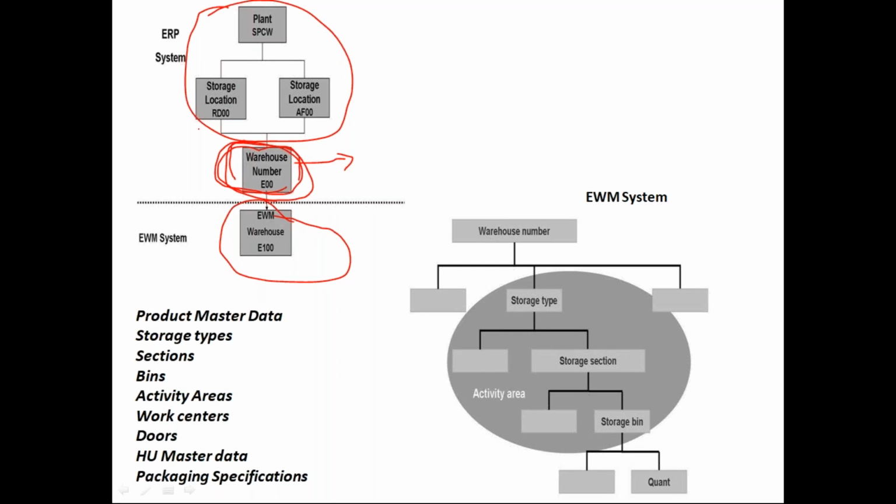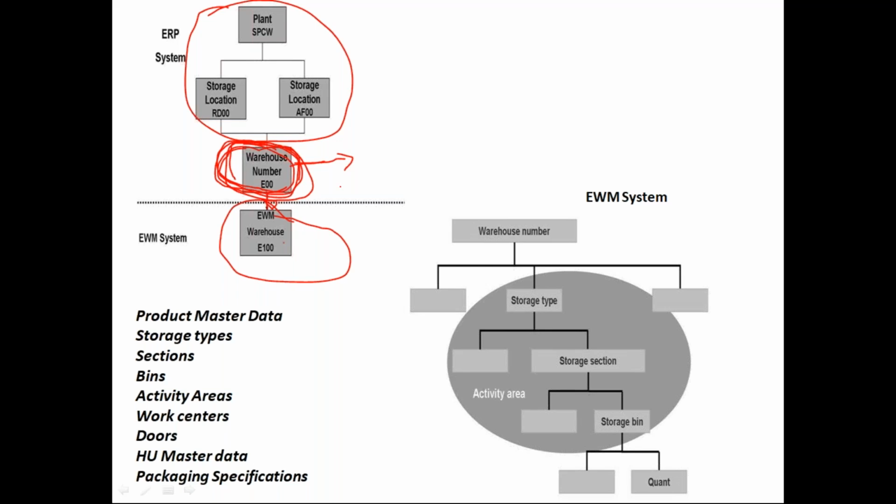When plant and storage location are determined, then the system will determine the warehouse number, which is the intermediate warehouse number. This intermediate warehouse number will be connected to the highest organizational element of EWM, which is the EWM warehouse number. That is what I was trying to say. So this intermediate warehouse number acts as a bridge between the ERP structure and the EWM structure. Bridge between ERP and EWM structures, that's all.